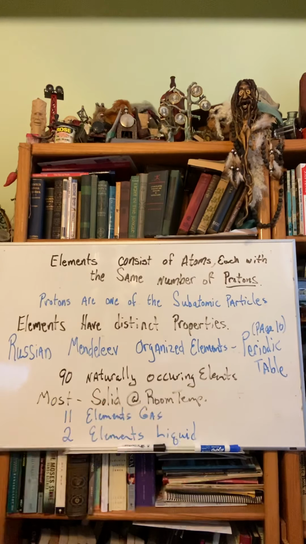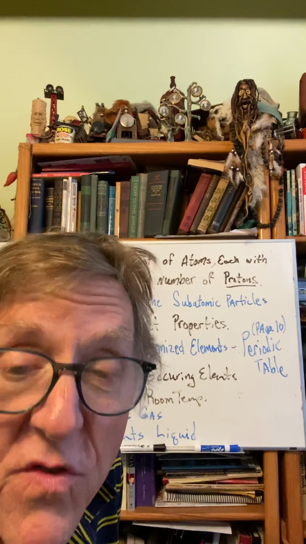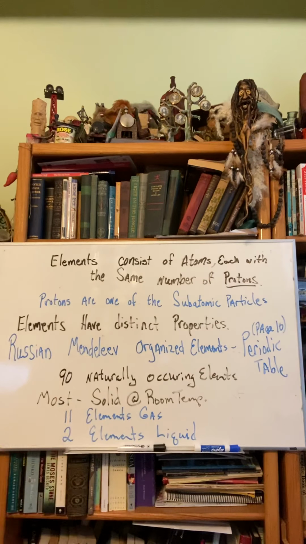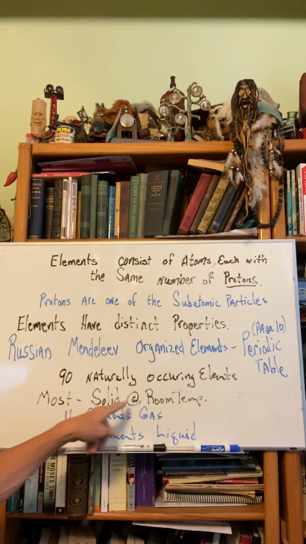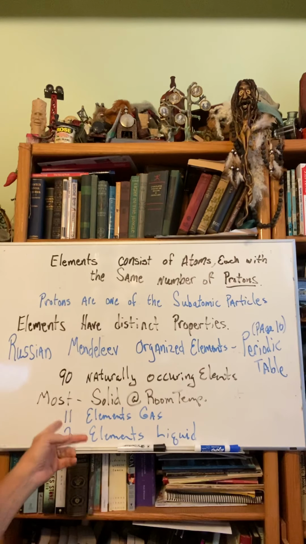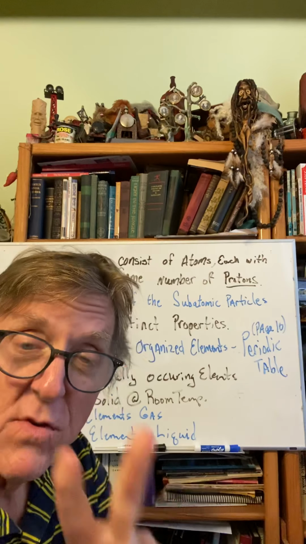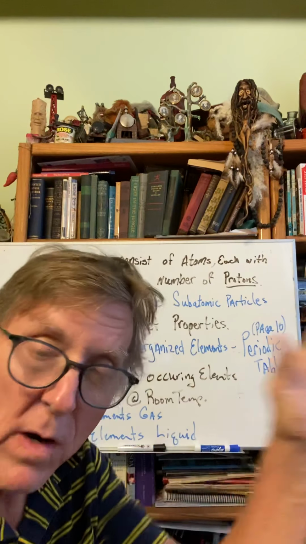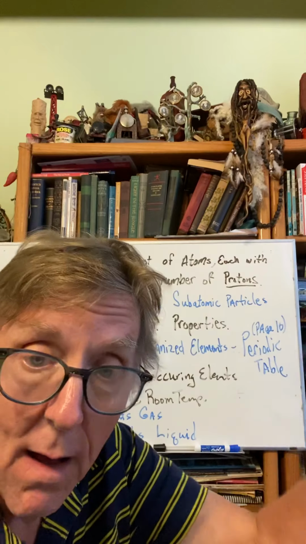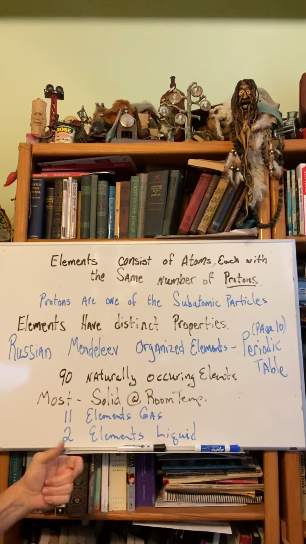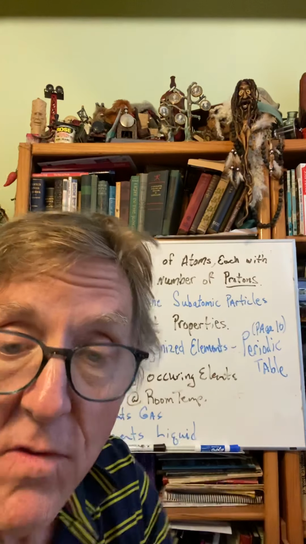Of those 90, most of them are solid at room temperature. All but 13 of the 90 are solid at room temperature, and then we have 11 that are gas and 2 that are liquid. So again, we're going back to states of matter: solid, gas, and liquid. Okay, this is lecture number 2.